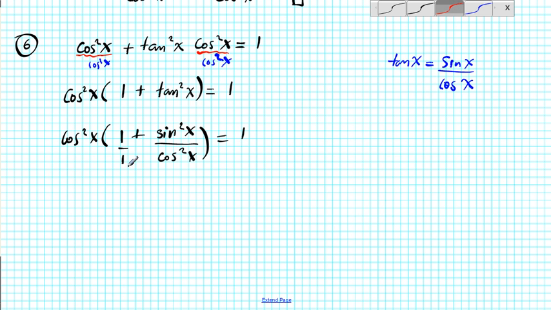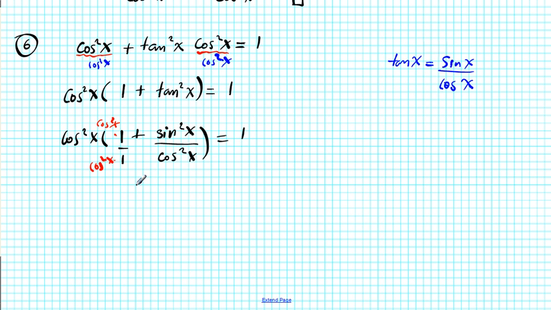We need to make the denominators common. So to make that happen, we need the LCD of 1 and cosine square, which is cosine square. So I'll multiply top and bottom by cosine square x. So this one is going to be times this one by cosine square x.